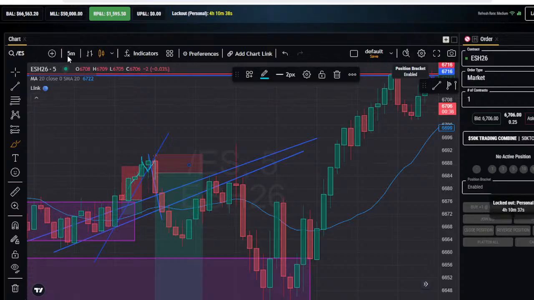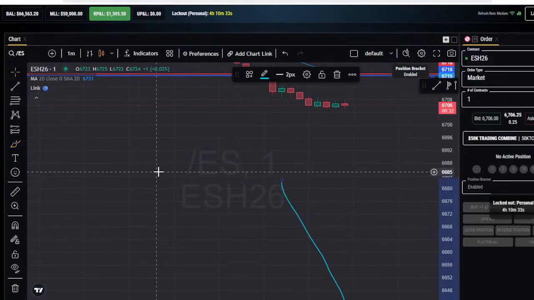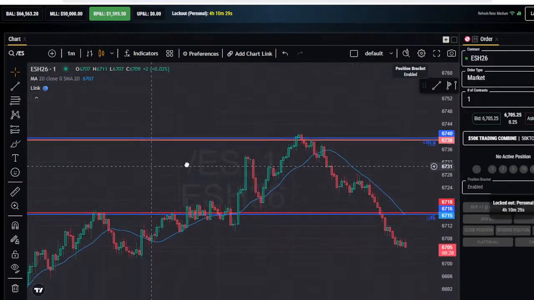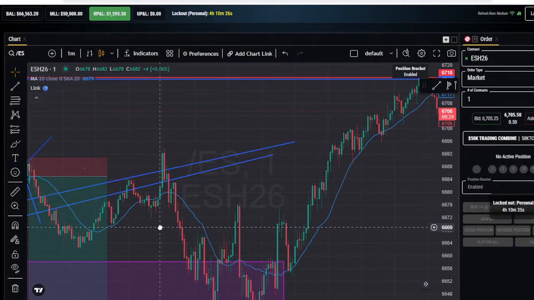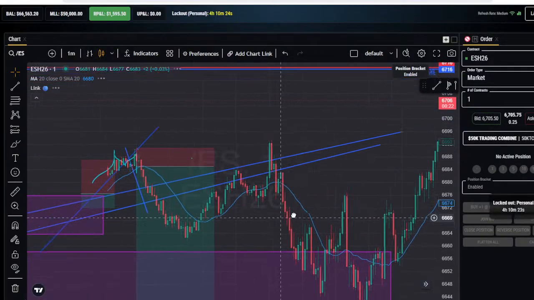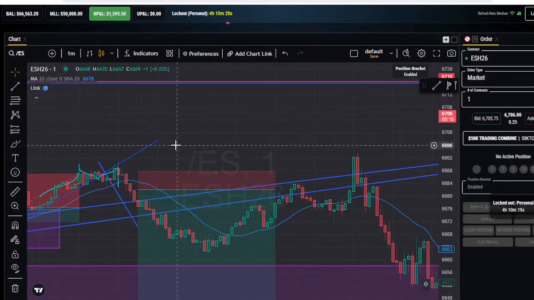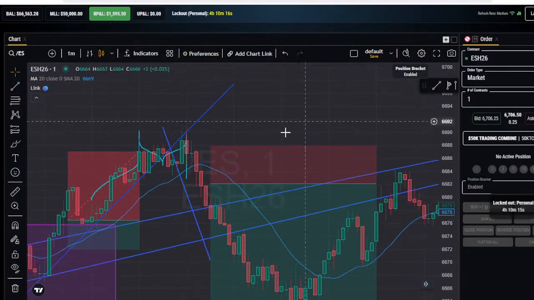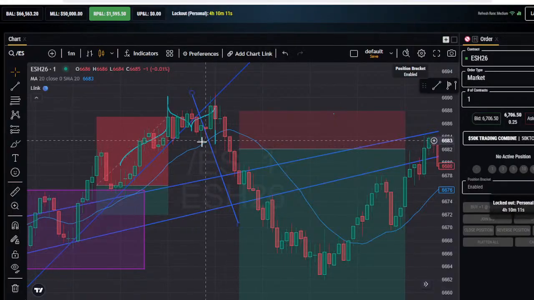Maybe we can see it when we zoom in. It didn't quite penetrate the moving average though.